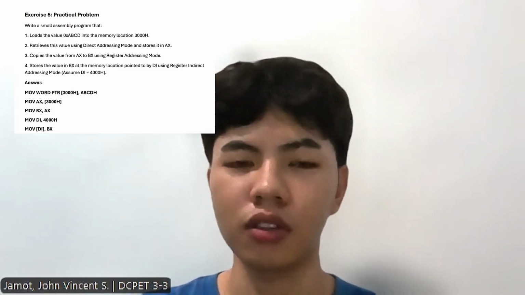So the last exercise is number 5, practical problem. The instruction here is to write a small assembly program that first loads the value 0ABCDH into the memory location 3000H. Number 2 retrieves this value using direct addressing mode and stores it in AX.